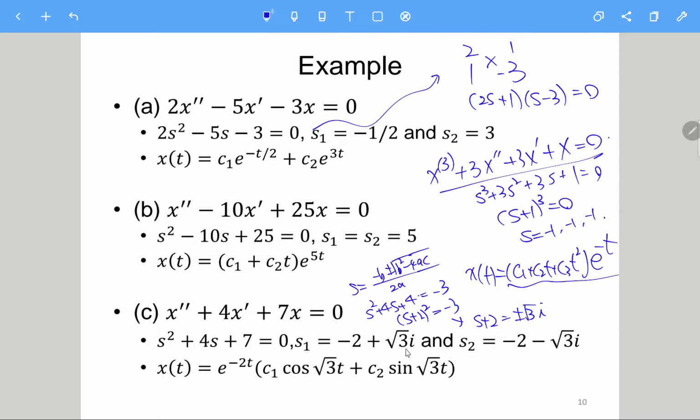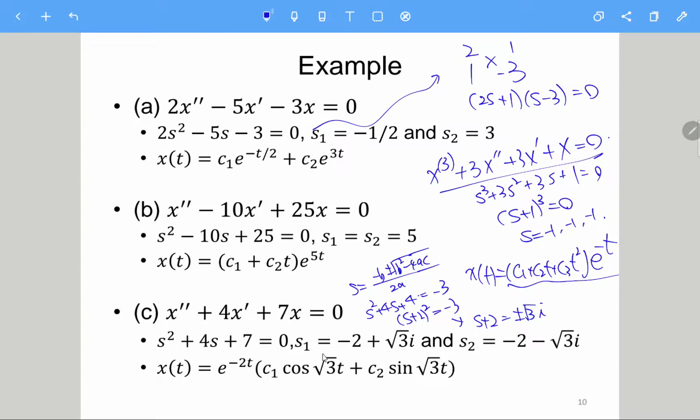Yeah, as we have this pair of complex conjugate roots, the homogeneous solution to this one is exponential to minus 2t, because the real part is minus 2. And then square root of 3 is the imaginary coefficient.